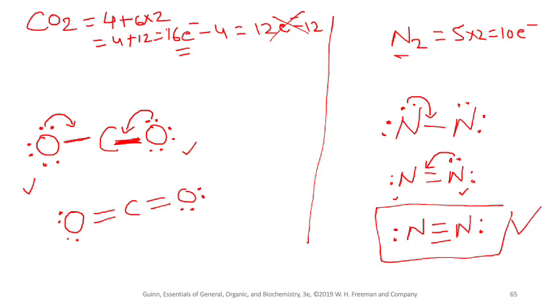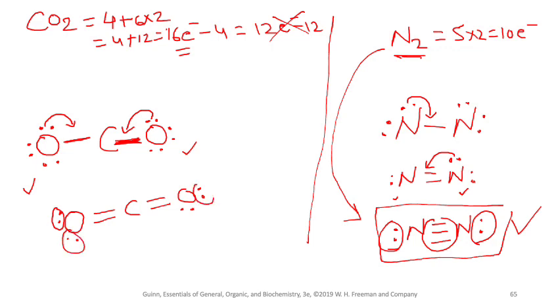So nitrogen gas has a Lewis dot structure of N triple bond N. How many lone pairs do you have in there? We have 2 lone pairs and 3 bond pairs. For carbon dioxide, how many lone pairs do I have? 1 lone pair, 2 lone pairs, 3, 4.